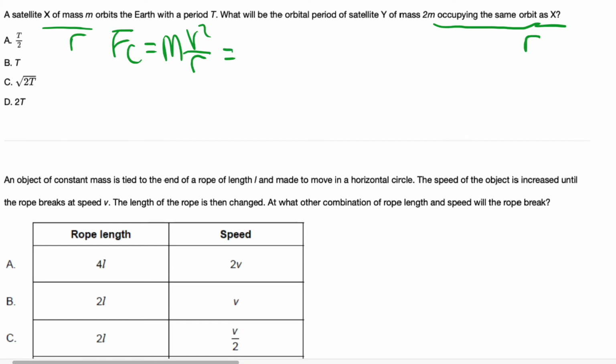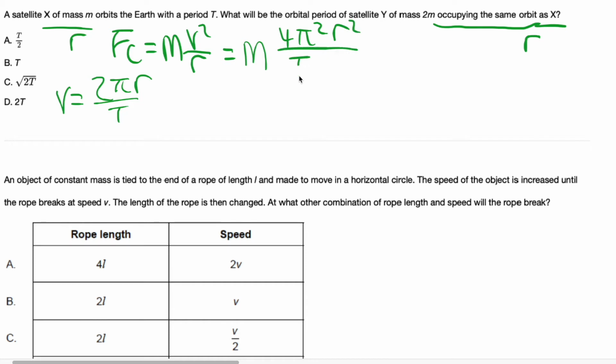So velocity is also equal to 2 pi r over period. So this is going to be equal to mass times 4 pi squared r squared divided by T squared, and then here's another radius.